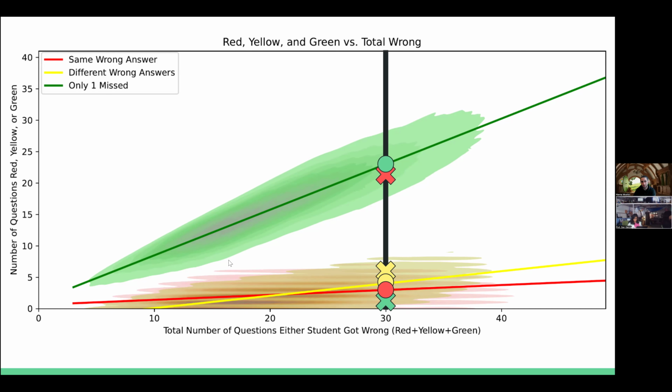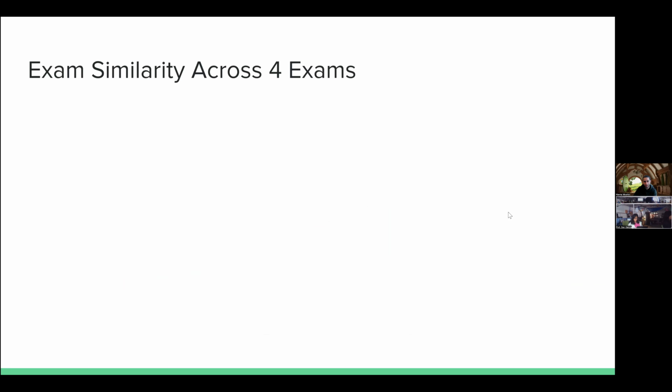And then this has also been very useful signal, especially in some cases where the exam similarity score doesn't quite bubble up the pair of students, but this one has a very clear outlier.